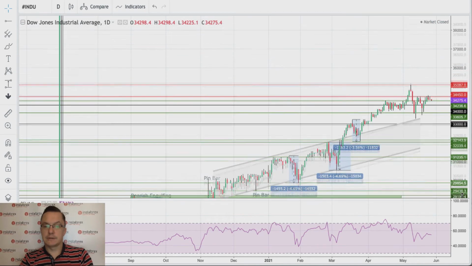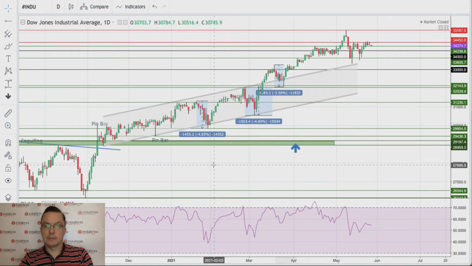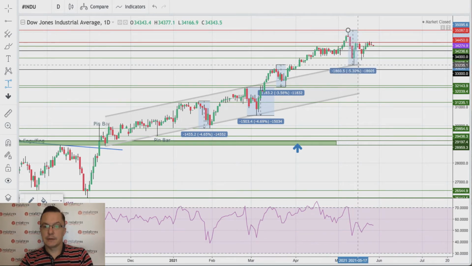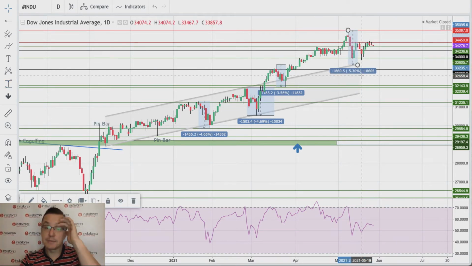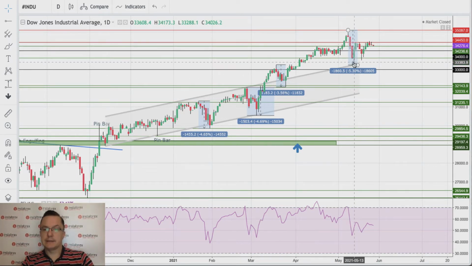And how deep was the recent pullback? Let me just take a look here. It looks like the pullback was kind of a deep one, around 5.3%, which is officially the biggest correction during the move from the end of October, beginning of November 2020.